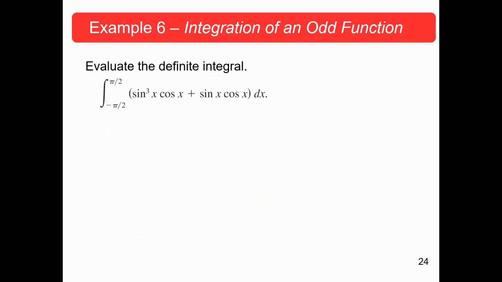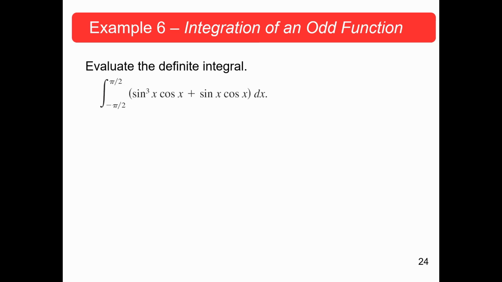So here we've got one. We've got sine cubed x cosine x plus sine x cosine x. And I need to know, well, first off, I've got to evaluate this. I don't know how to do this, right? I don't know any way. I could let u be sine, but then what's going to happen? Well, actually, I can.